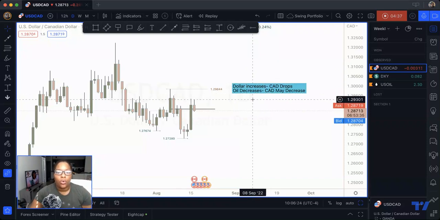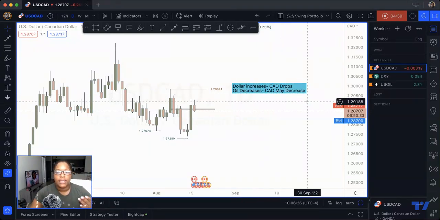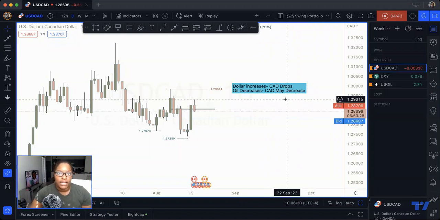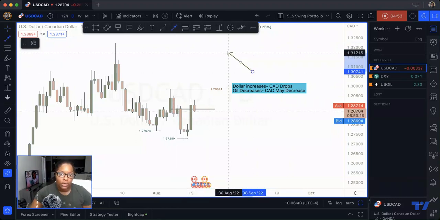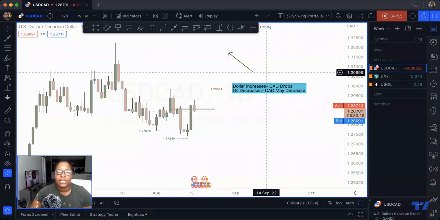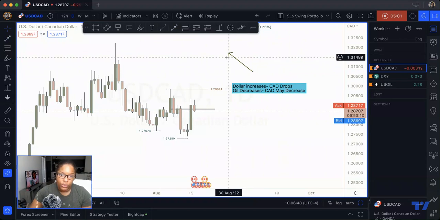However, if the oil decreases, then maybe the CAD can drop, because if price drops for oil, that can affect the Canadian dollar. So I want to see how this plays out, kind of like a teeter-totter system, where you have the dollar going up and potentially the CAD going down. Now we just have to see which one is stronger.